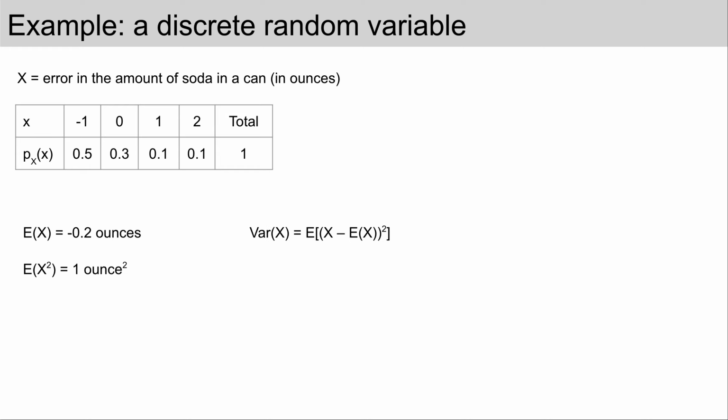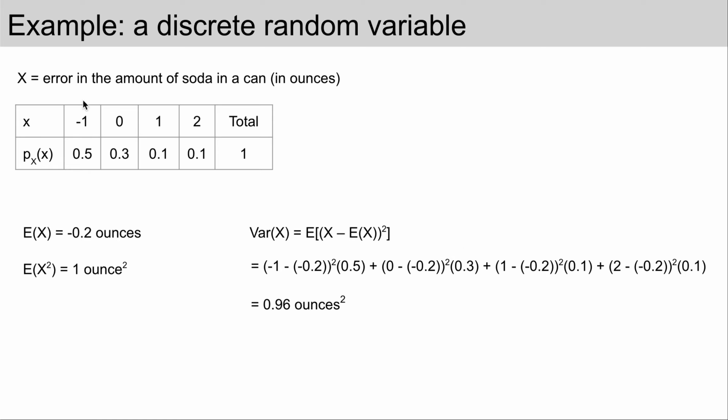For completion's sake, we can also take the more tedious route of calculating the variance by plugging through our first formula. Notice here that the variance is the expected value of a function of x. Thus, we can evaluate this function at each possible outcome of x and weight the results by the corresponding probabilities of those outcomes. For example, notice that x equals negative 1 with probability 0.5.